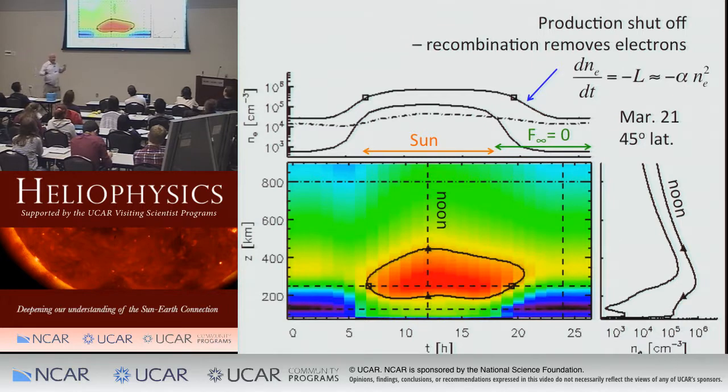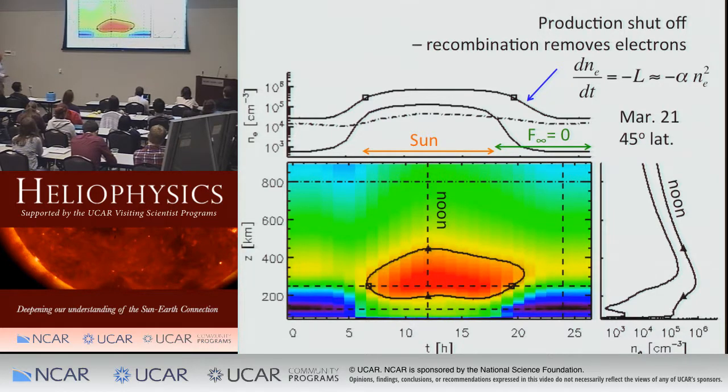The equinox. So I have 12 hours of daylight, 12 hours of night. I can figure that out. So the sun is up from 6 a.m. to 6 p.m., or 1800 if you want to say that. That's when the sun is up. Here is the density. Here's the altitude. I actually don't even show you anything below 100 kilometers because nothing's producing electrons below that.